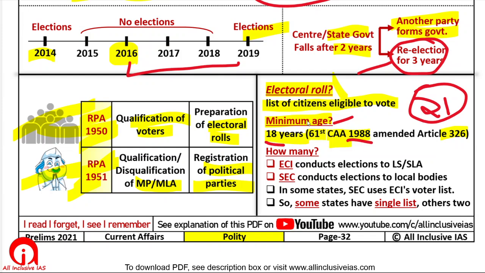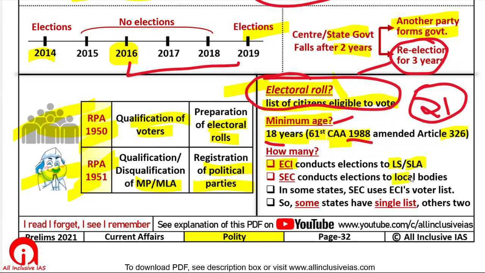Now the question can come that in a state, how many electoral rolls are there? In some states there are 2 electoral rolls, in some there is single. What is the reason? See, Lok Sabha and state assembly elections are conducted by the Election Commission of India, which prepares an electoral roll.